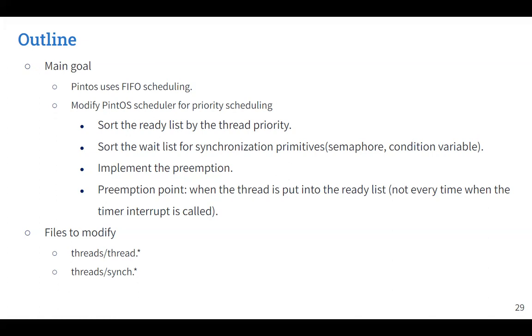The preemption point is when the thread is put into the ready list, not every time a timer interrupt is called. The files to modify for priority scheduling are all in the threads directory: threads.c, threads.h, and sync.c and sync.h. Sync here is for synchronization.